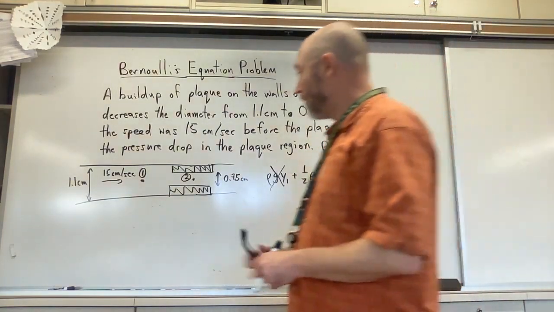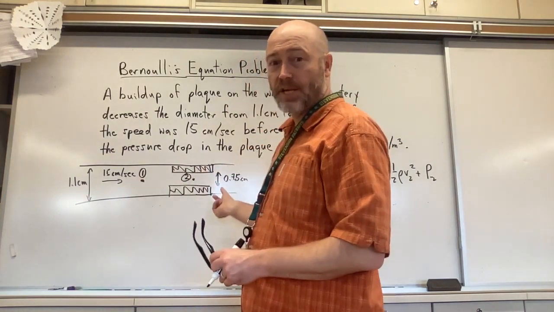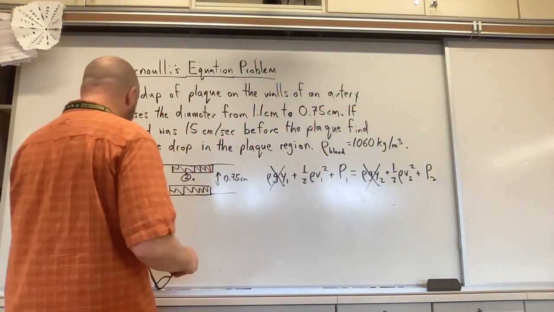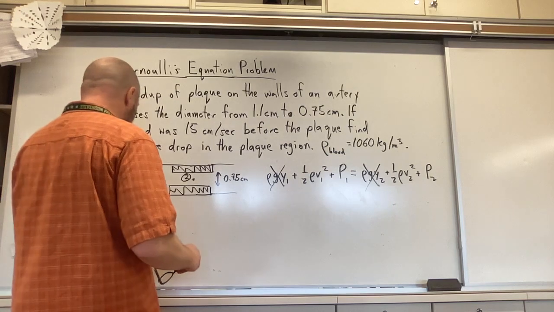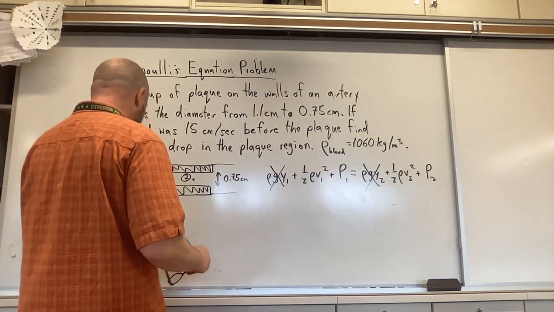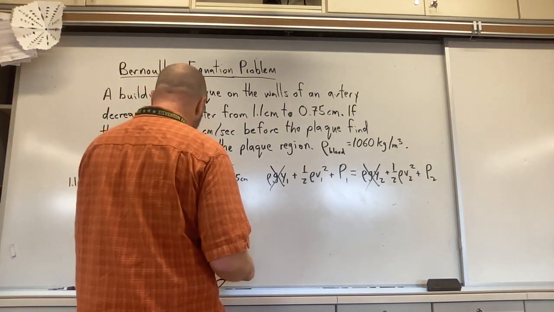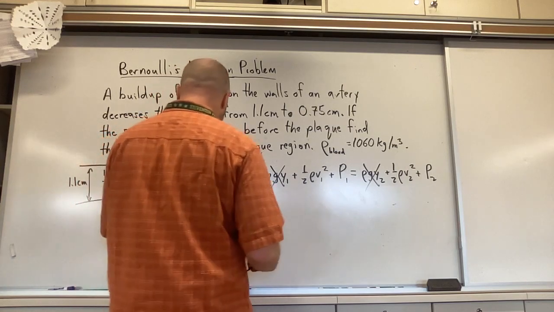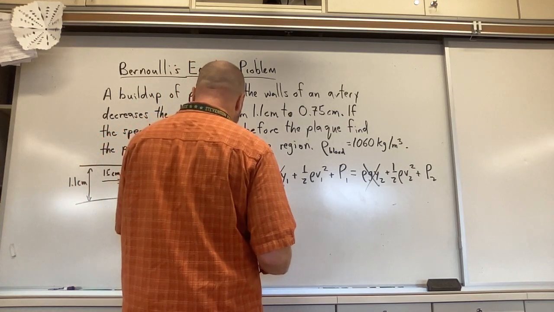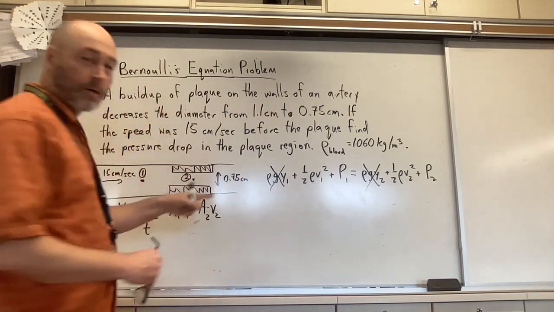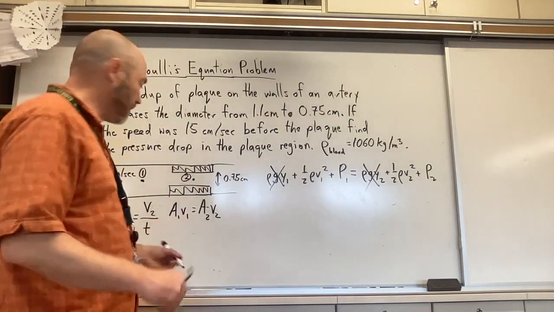Whatever volume flow rate is here has to be the same as the volume flow rate here. So V1 over T has to equal V2 over T, which means area 1 times v1 equals area 2 times v2.